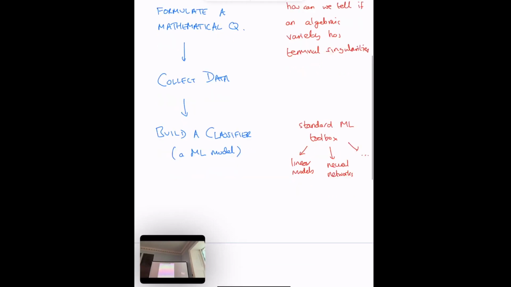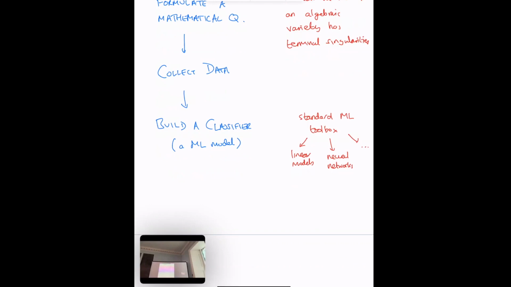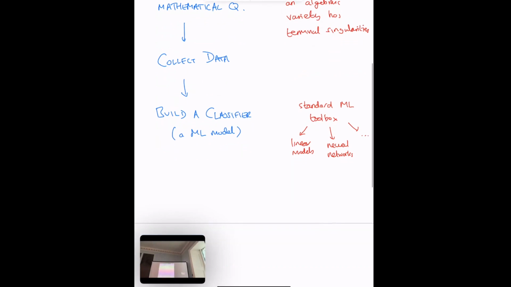And then let's suppose that you've done this, and suppose that your classifier really does appear to solve the problem with high probability. So suppose that you've built what appears to be an effective model for answering your question on your data set. Then there are two different directions you can take this.